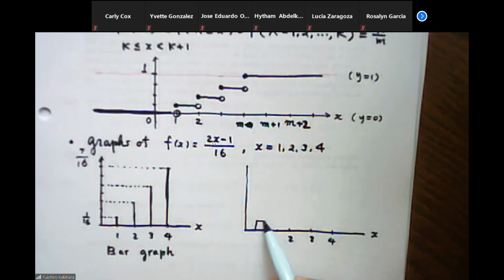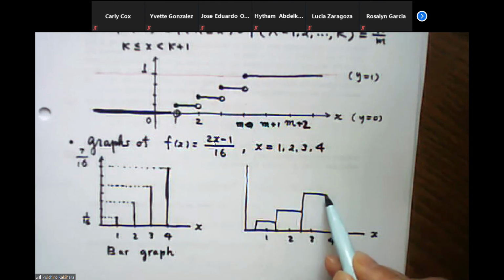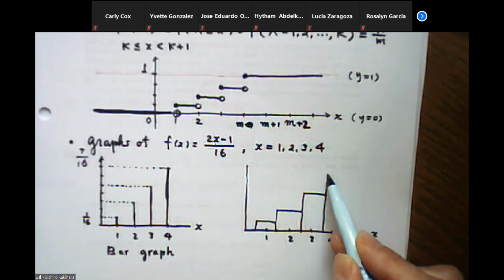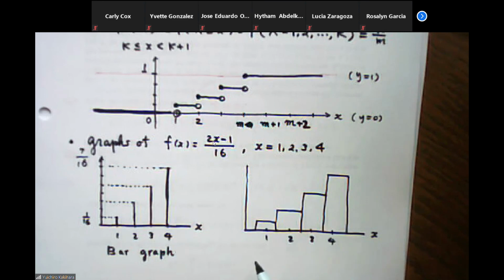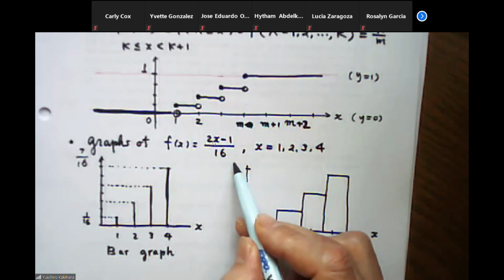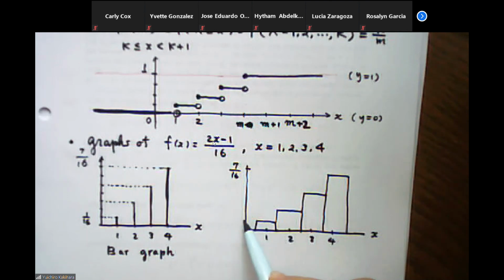So the first one is this, the second one is this, the third one is this, and the fourth one is this. This is a histogram, okay? This is 7 over 16. The first one is 1 over 16. This is called the probability histogram.